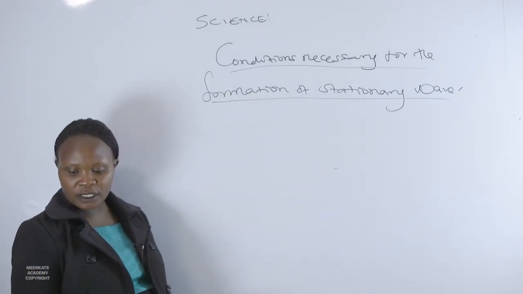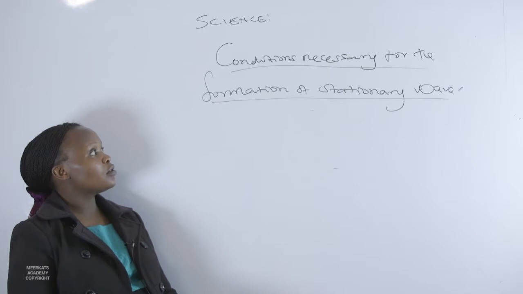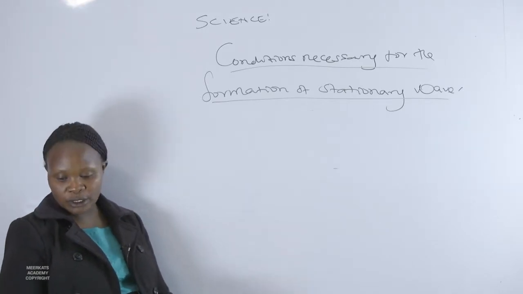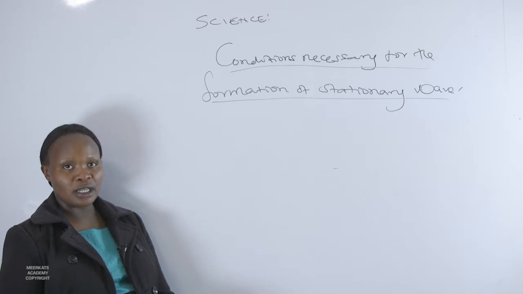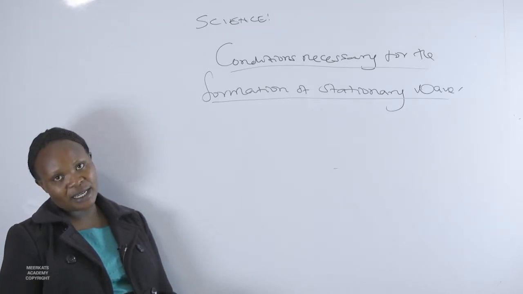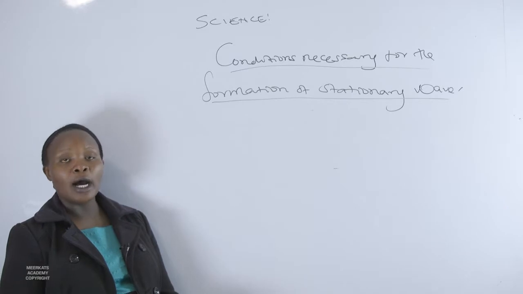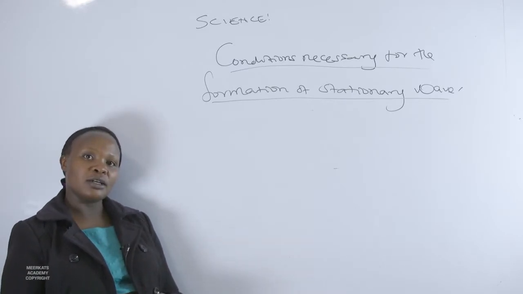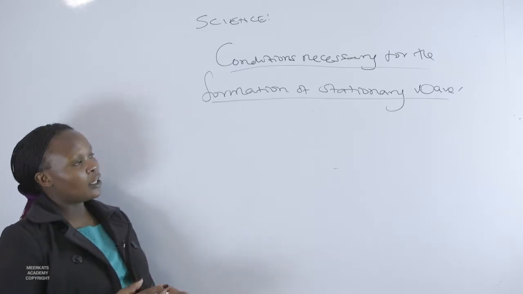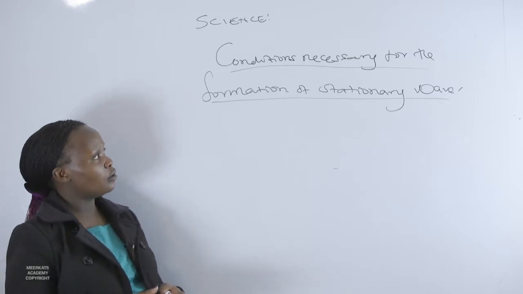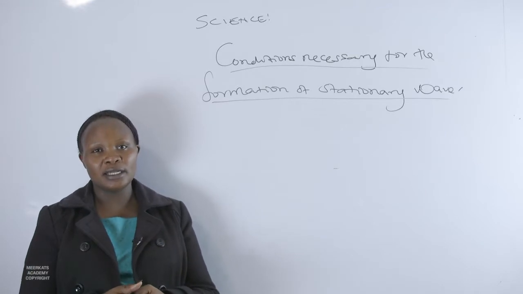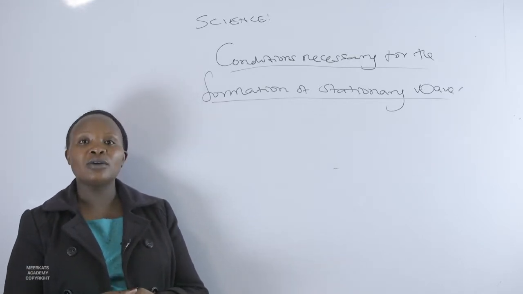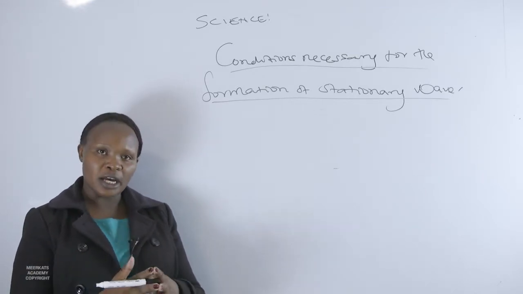We have already said that stationary waves are formed by two waves which are superimposing on each other, and the waves are actually equal. And why should we say that the waves should be equal? They should be equal so that when the amplitudes are added together, they cancel each other.